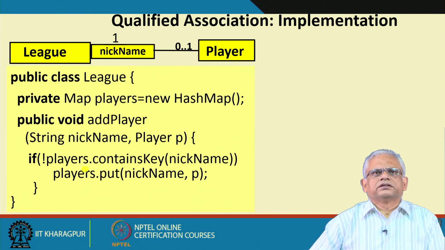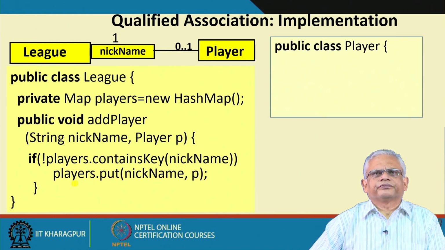It is on the players that contains key nickname, which tells us whether the nickname exists or not. If there is no player with the given nickname, then we add that, players.put nickname and p into the map players. If the nickname exists already, we will not add that, and this ensures that there is at most one player with a given nickname.